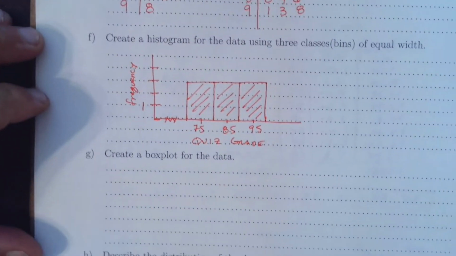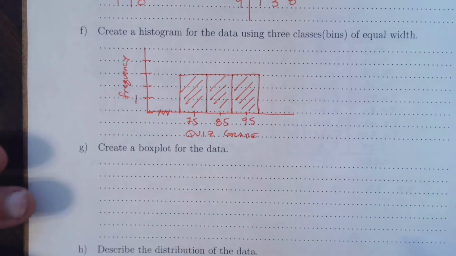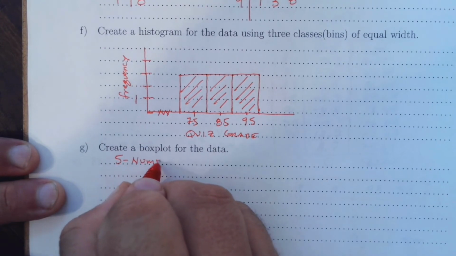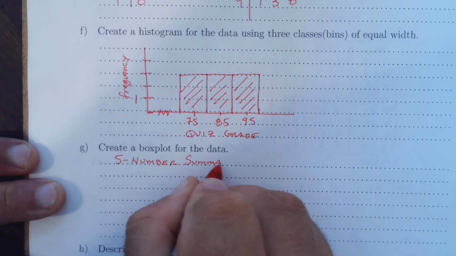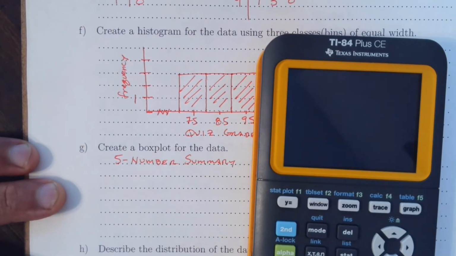If instead I'm asked to create a box plot for my data, it's necessary to have my 5-number summary. So I need my 5-number summary in order to create a box plot for my data. We can get that information from the calculator.